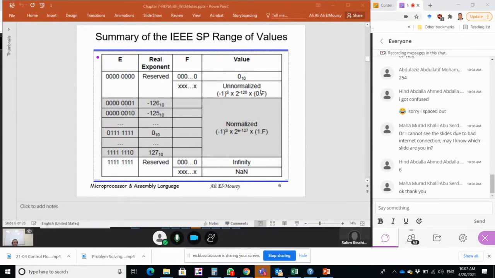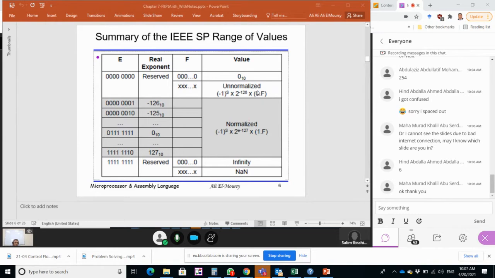So what is the story with unnormalized numbers? With unnormalized numbers, we don't want to lose a significant amount of representation for the numbers. When the exponent equals all zeros, we call the number unnormalized. The difference here is in two things.